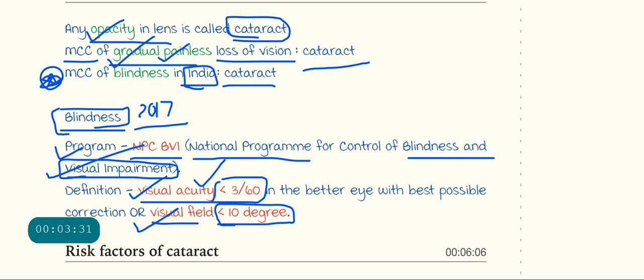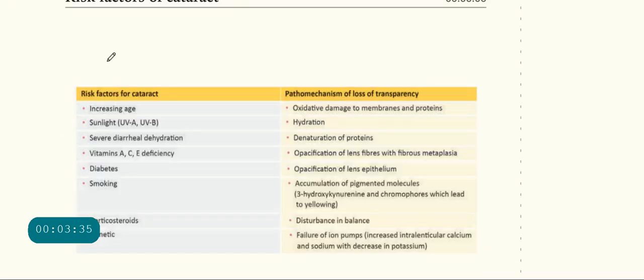Now, what are the risk factors of cataract? We are going to see the risk factors and the pathomechanism of the loss of transparency. The risk factors of cataract could be increasing age, sunlight, severe diarrhea and dehydration, and most importantly vitamin A, C or E deficiency.